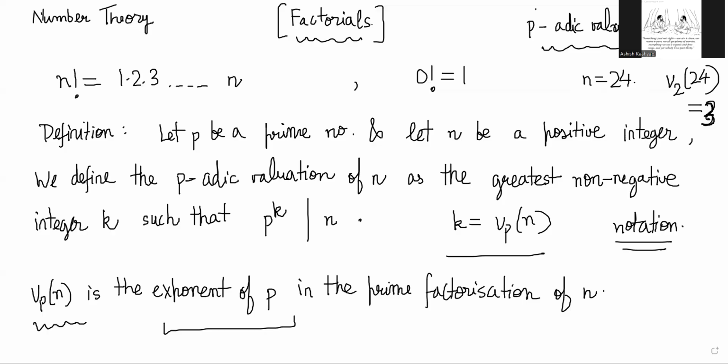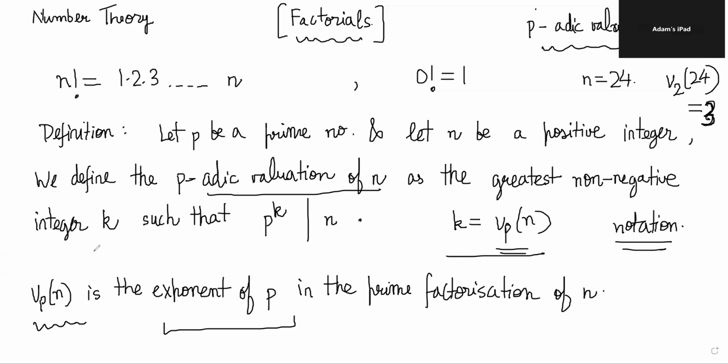And v_3(24) will be what? 1. Obviously, this notation only makes sense for prime numbers p, right? You're finding the power of p that appears in that n. If that prime does not appear in n, then v_p(n) will be 0, right?